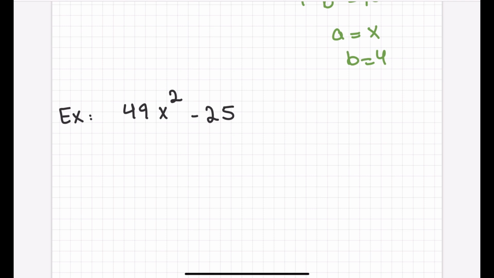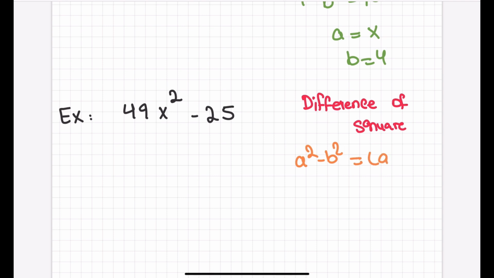What is 49? 7 squared. What is 25? 5 squared. And the x squared is just x squared. What I can see is this is a difference of squares. Well, the formula was a squared minus b squared equals (a plus b)(a minus b).